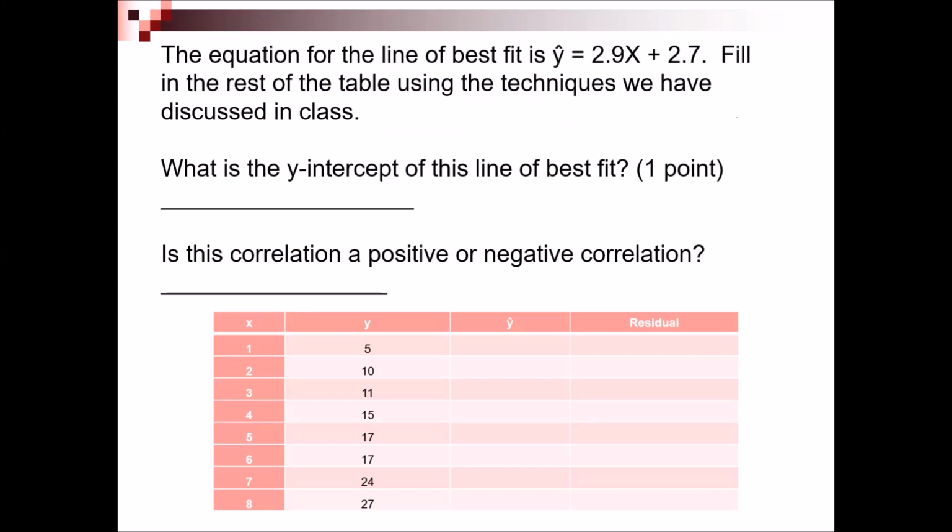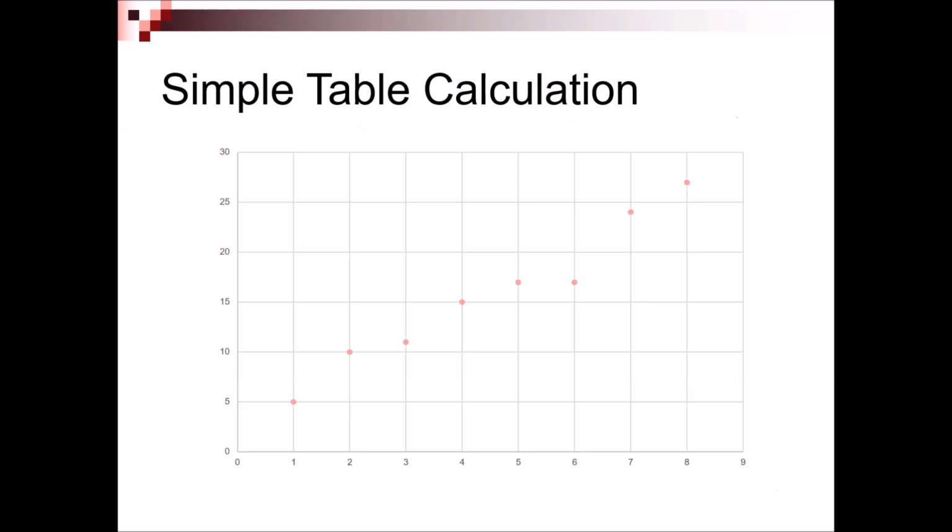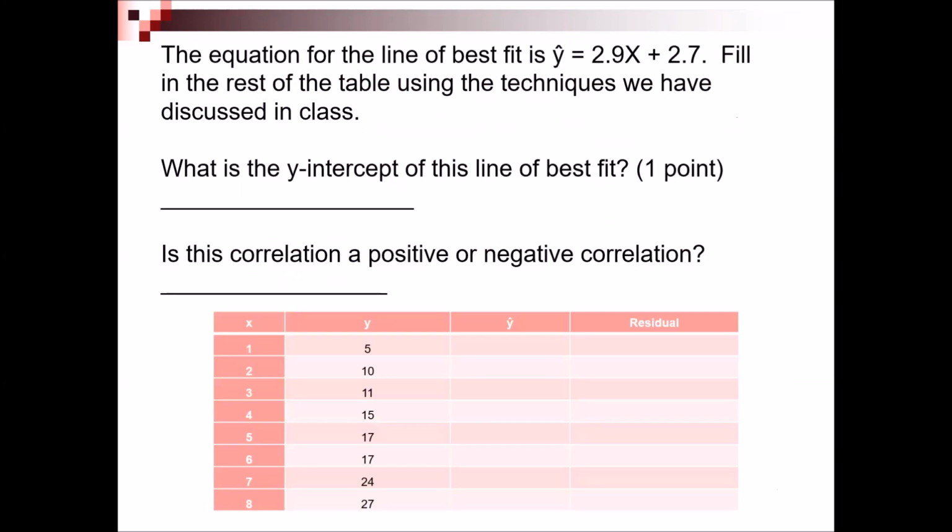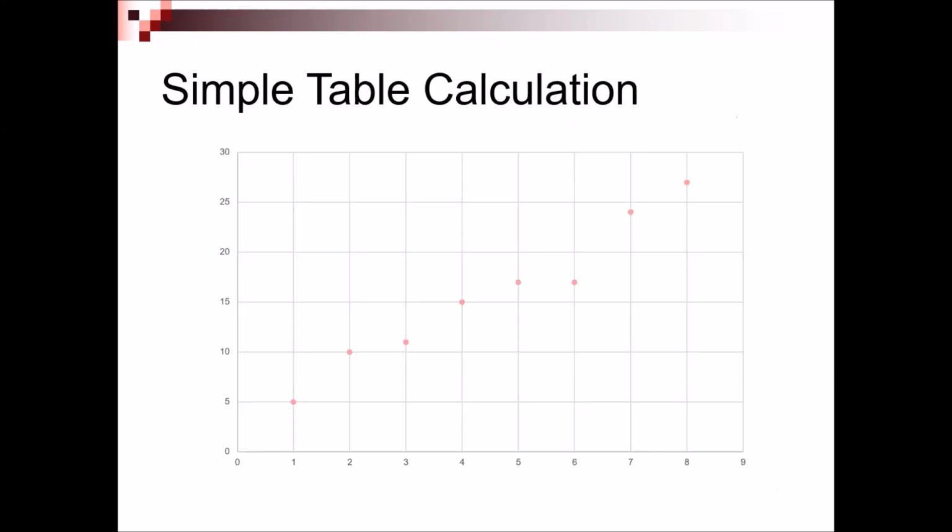And then look at this. Y is 17 for both 5 and both 6. Here, if I have something with slope, as x increases, y increases. So you notice this isn't going to be on a nice, pretty line. So what a line of best fit does is draw a line through these so that we minimize the residual.